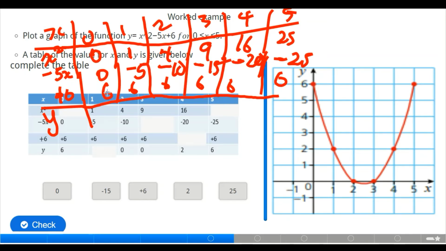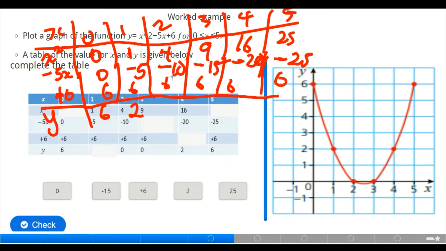0 plus 0 plus 6 will give us 6, right? 1 minus 5, that's what? Minus 4. Minus 4 plus 6 will give us 2, okay? Now for the next one, we have 4 minus 10. 4 minus 10 will give us minus 6.